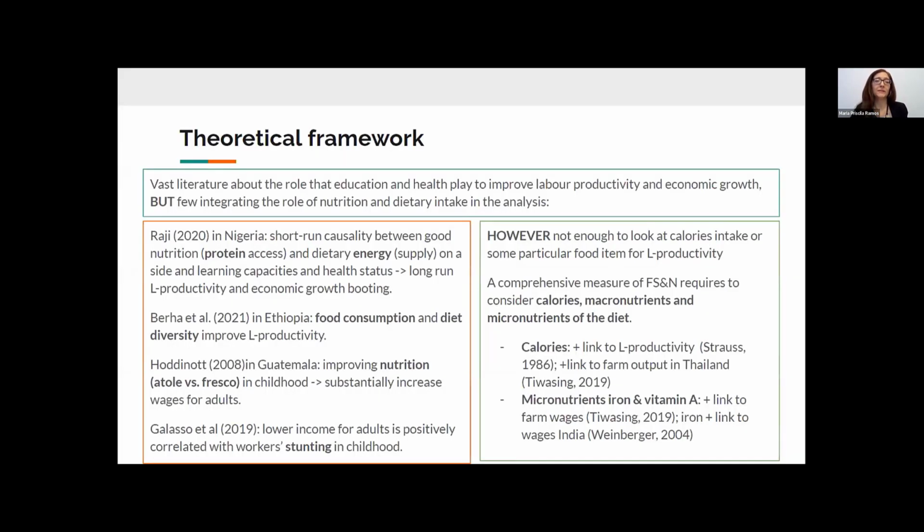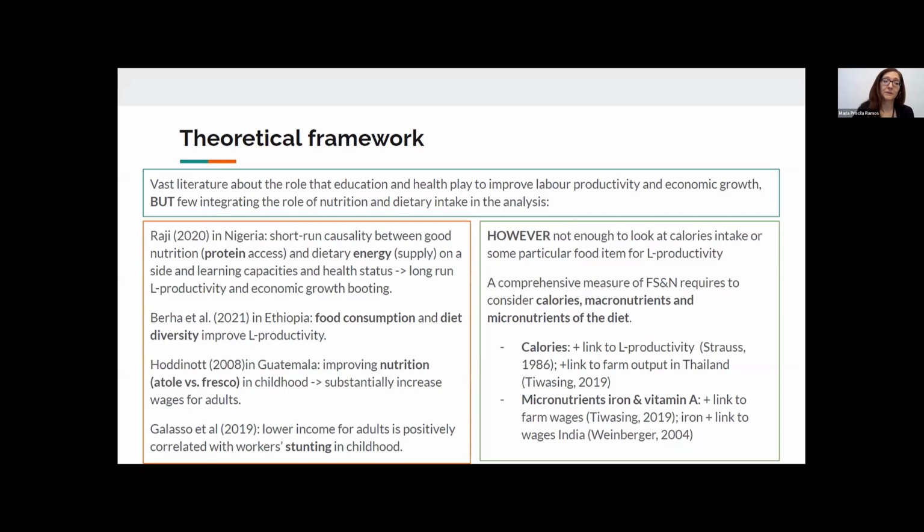There is a huge literature that mentions the role of education and health in improving labor productivity. But looking at this literature, there are few papers that introduce the importance of nutrition and dietary intake to explain labor productivity.